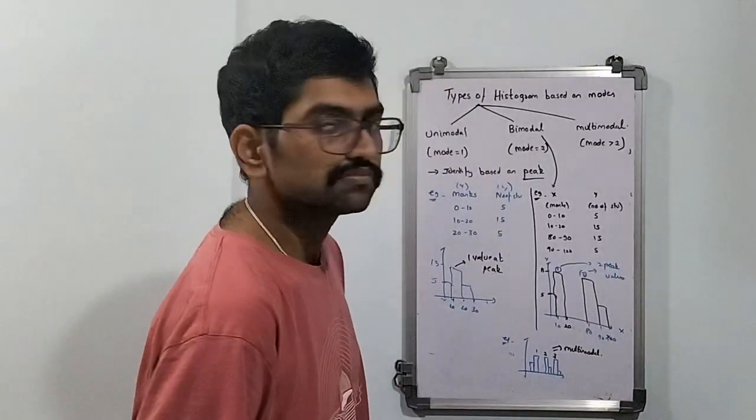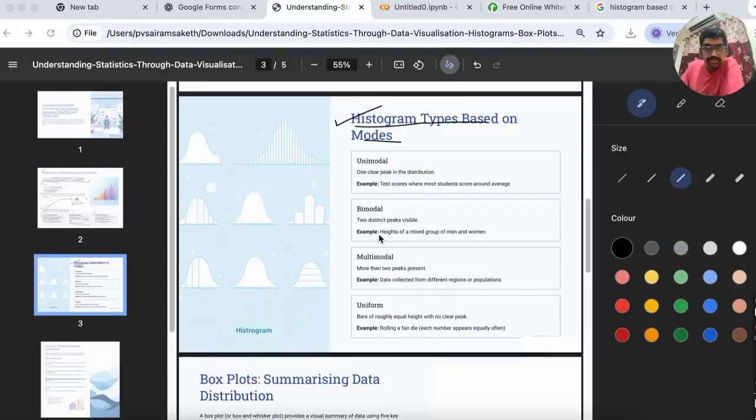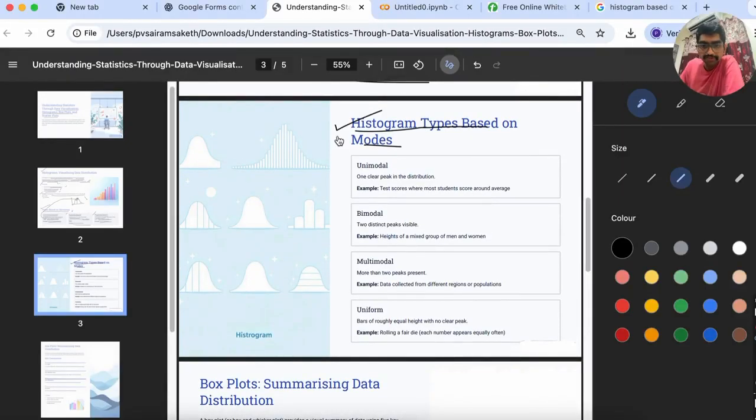See, just now we studied the types of modes. When I say types of mode, it is divided into four: unimodal, bimodal, multimodal, and uniform mode. Unimodal means only one clear peak is shown in the distribution, as we saw in that example where only one peak is there.